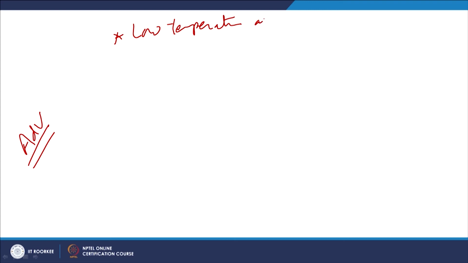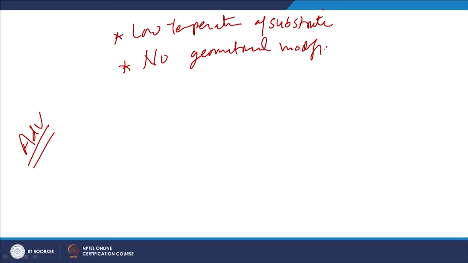So, there are a number of benefits associated with this, like very little or no geometrical modification, which means there is no distortion, there is no dimensional change, because there is no major rise in temperature of the workpiece.